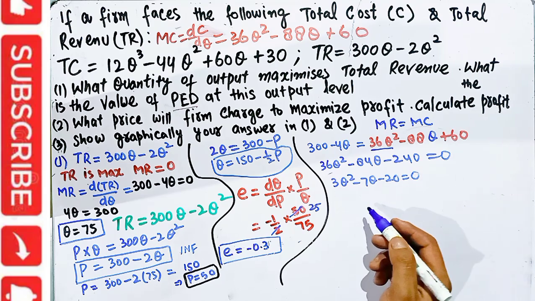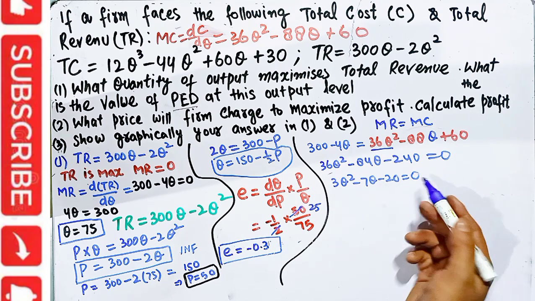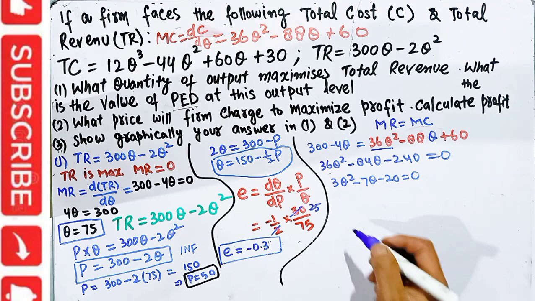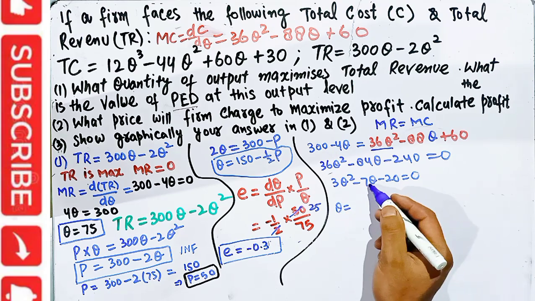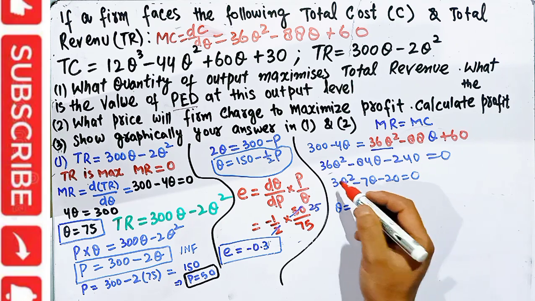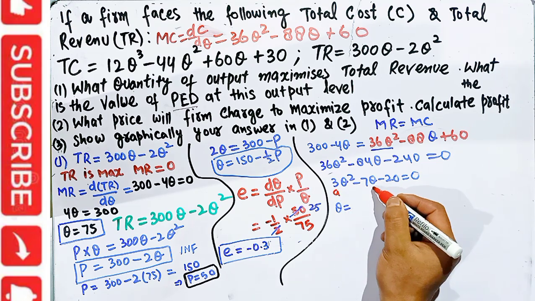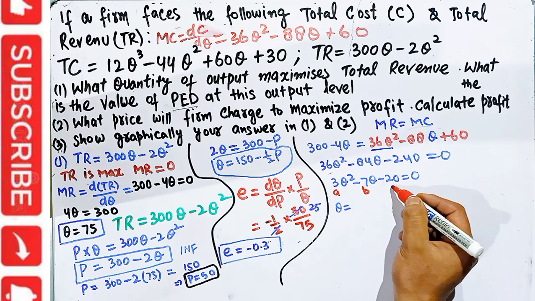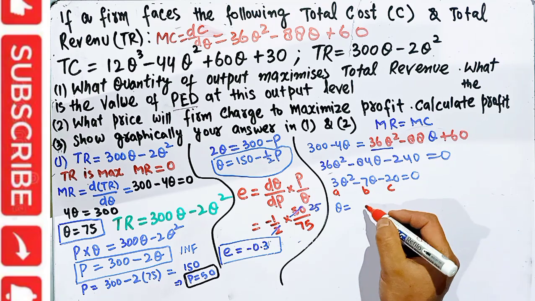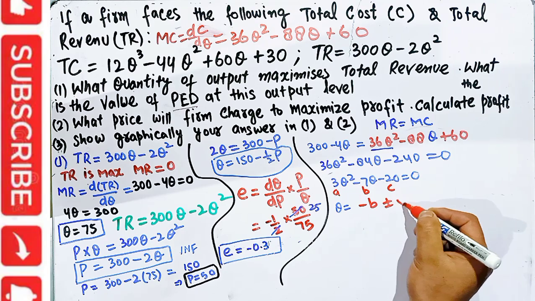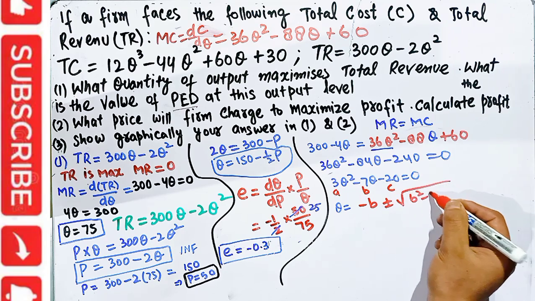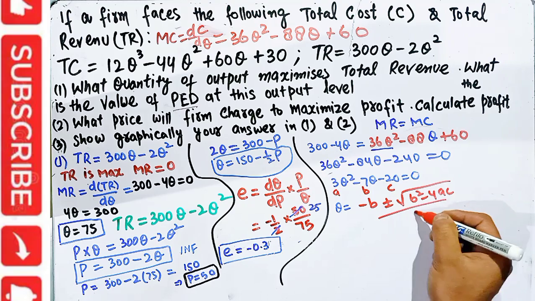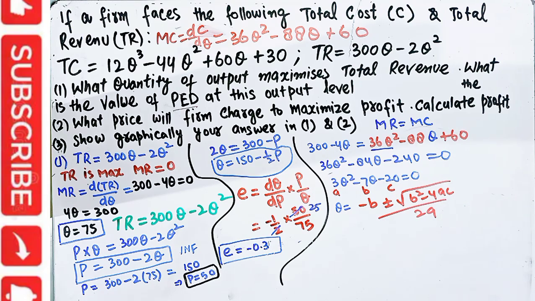Using this quadratic function, we can use the quadratic formula. Let us say the coefficient of Q square is a, the coefficient of Q is b, and the coefficient of the constant term is c. We use the formula Q equals minus b plus minus square root of b square minus 4ac, upon 2a. You know it pretty well.